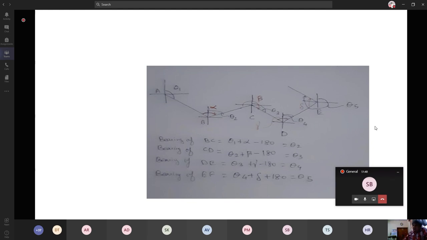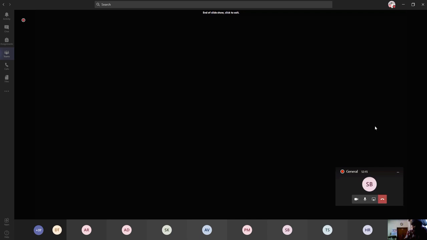If the sum is more than 180, subtract 180. If the sum is less than 180, add 180. The formula is clear. I have not written the formula, but you have to take the formula from this. Is it okay? Okay, fine. So that's all I think.